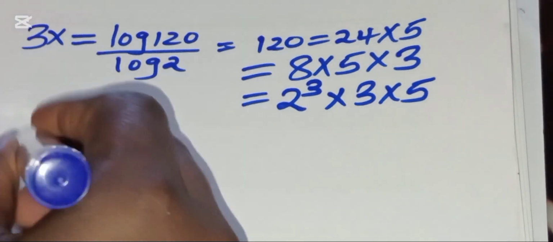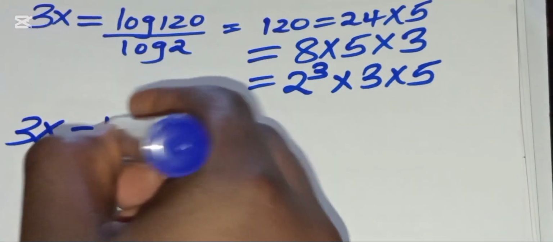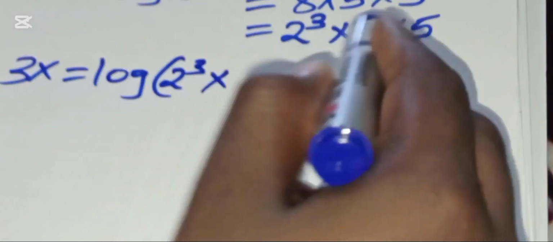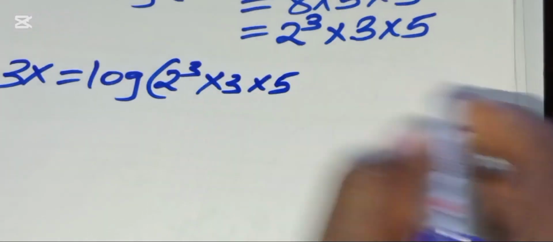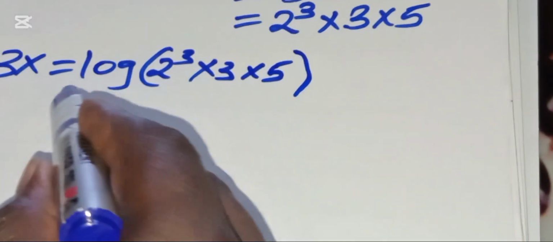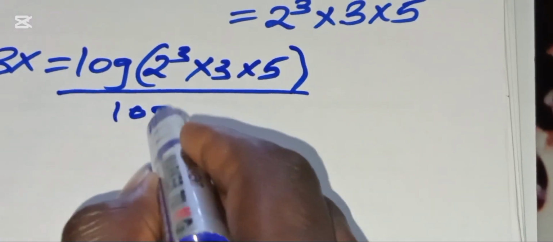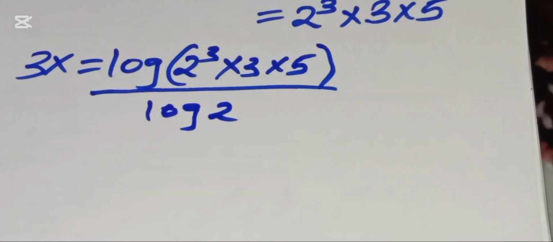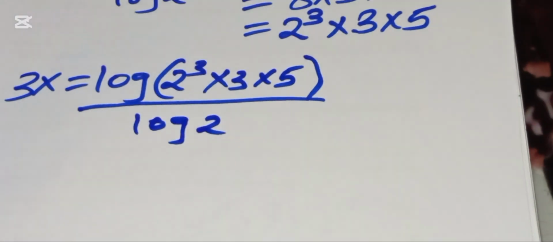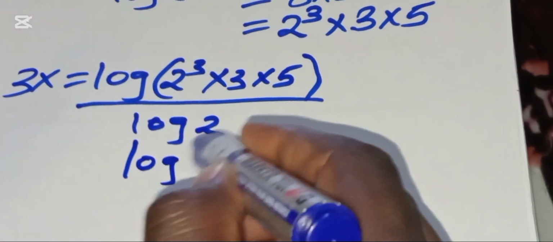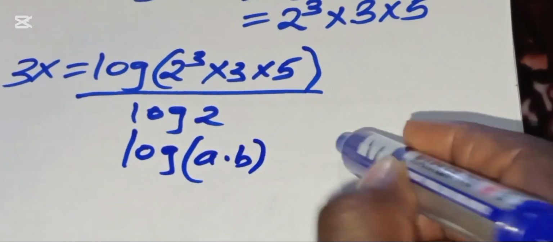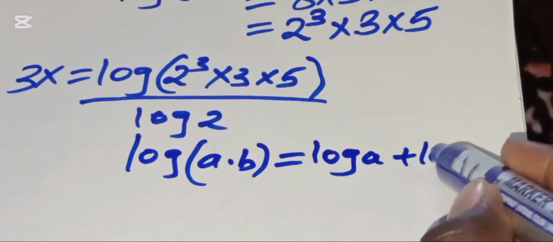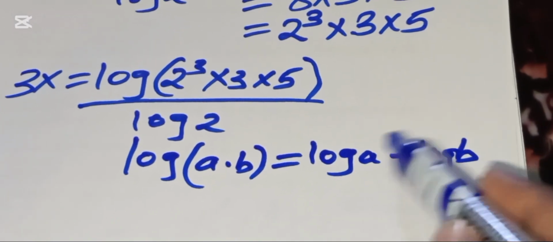We'll have 3x equal to log of 2 raised to power 3 multiplied by 3 multiplied by 5, and all of this divided by log 2. Now, log 2 cubed multiplied by 3 times 5 is in the form of log a multiplied by b, which is expressed as log a plus log b. So let's apply this property.